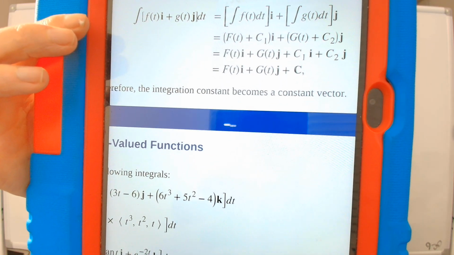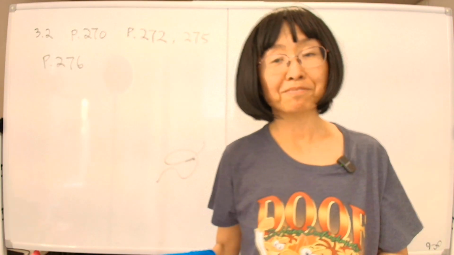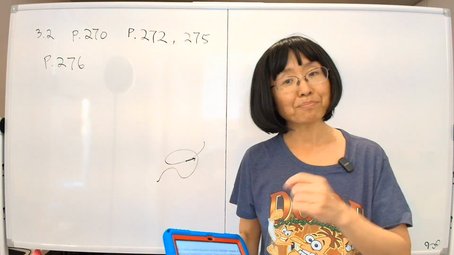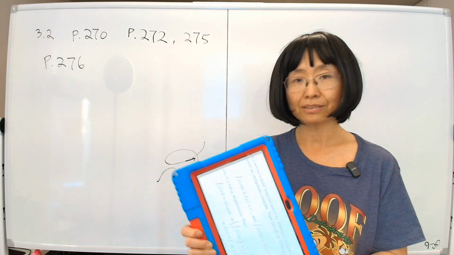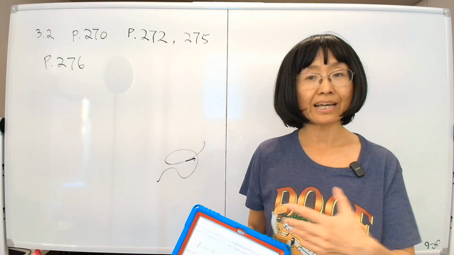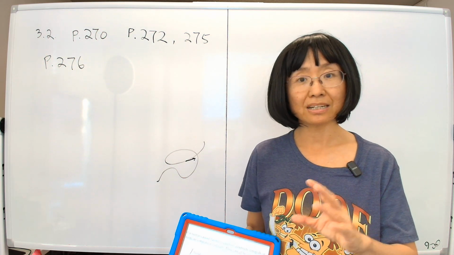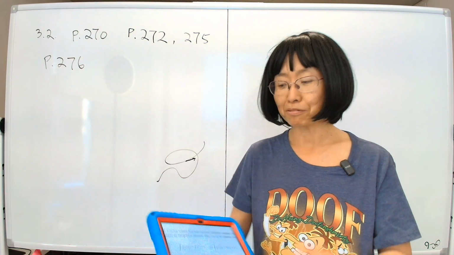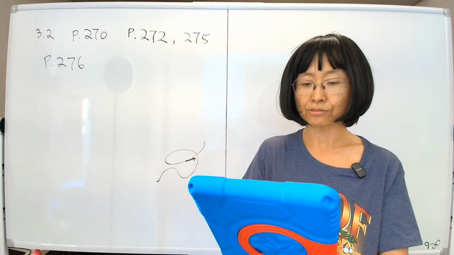Then we'll call c1i plus c2j a new vector, c, with components i and j. Basically the same way as in 1D integration where the constant c is any constant, any constant vector will work for the integral. This is an example of 2D integration.